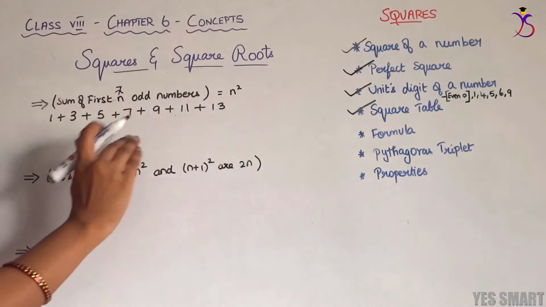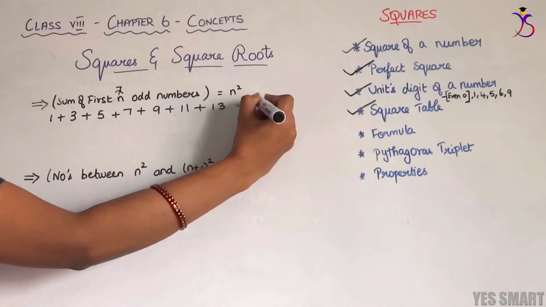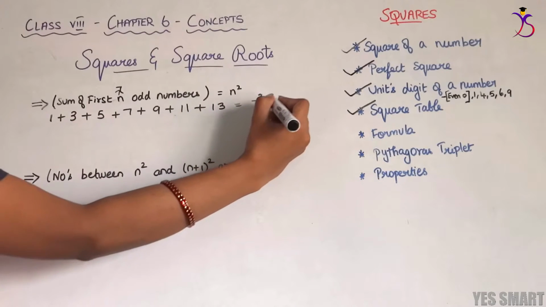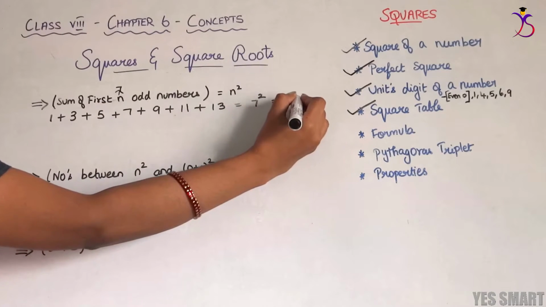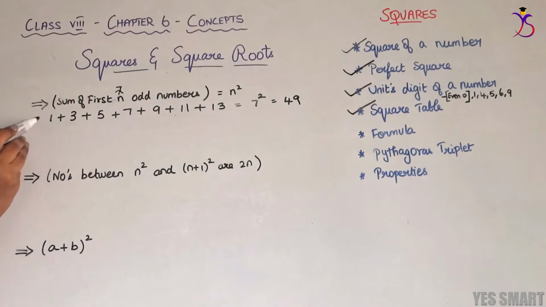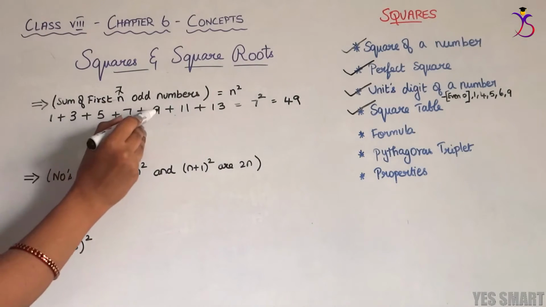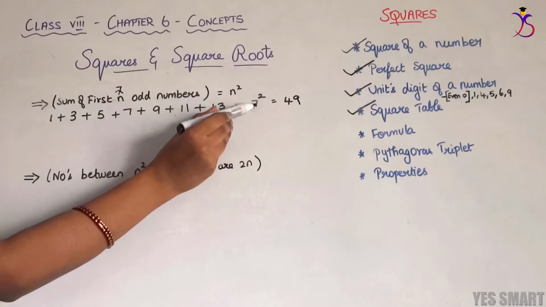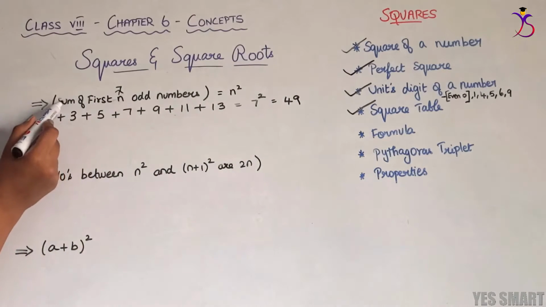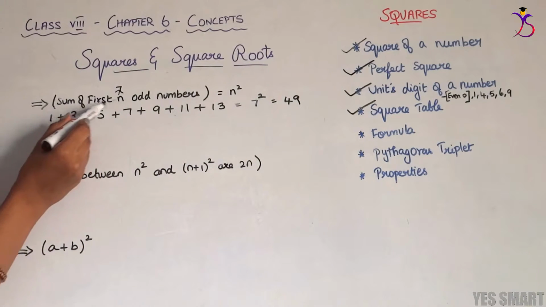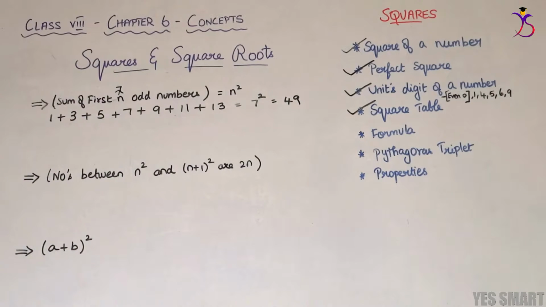We need the sum of these first n odd terms. Instead of adding, we can just write n square. The n is 7, so I am just writing 7 square, which is equal to 49. Here we have 7 terms, 1 2 3 4 5 6 7. So 7 square, the answer is 49. If we sum it up normally, we will get the same answer.